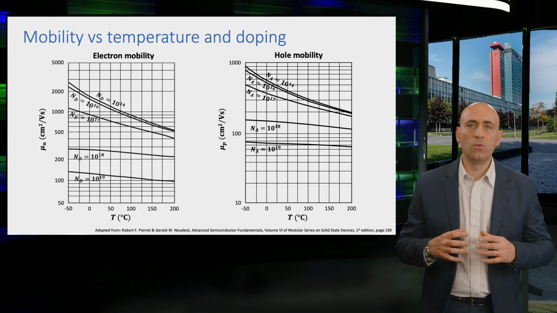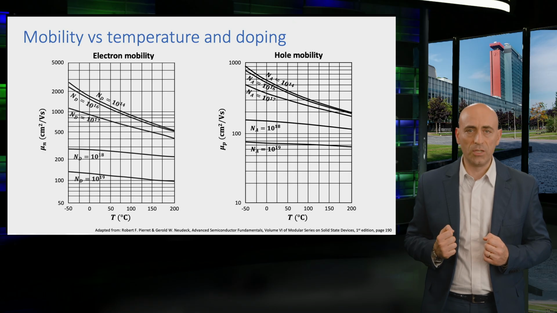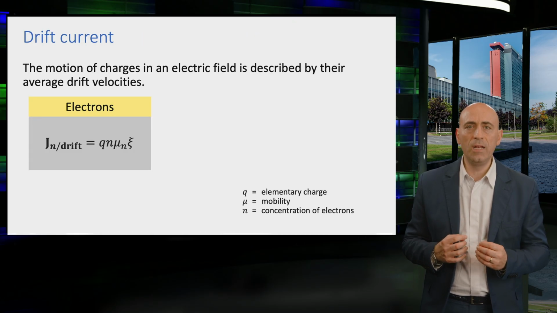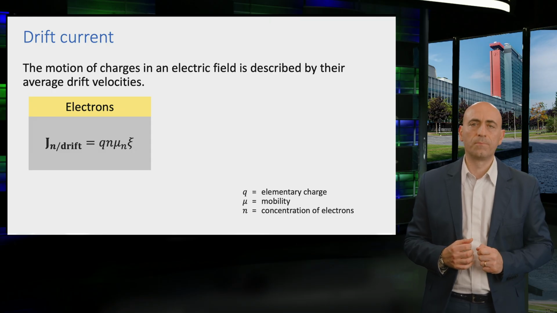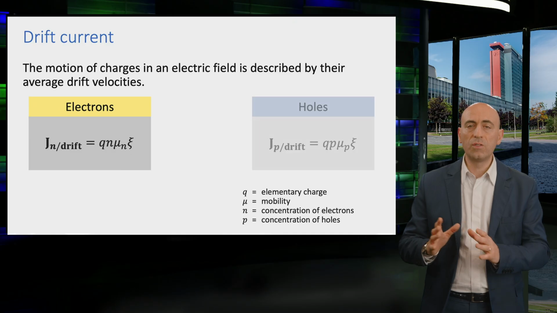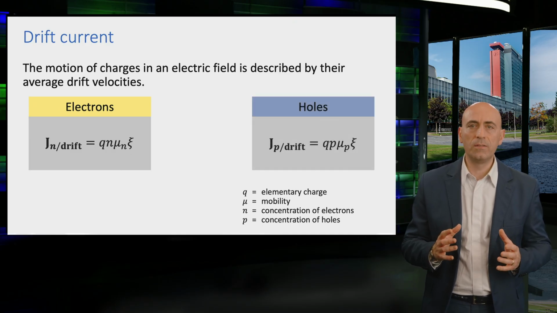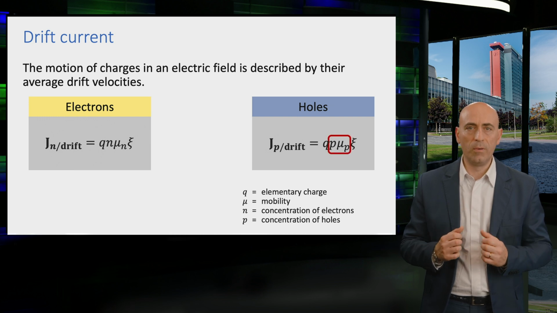Now that we have understood what mobility is and how it is influenced, let's go back to our drift equation. We see that the drift current of electrons depends on the mobility of electrons, electric field, and the concentration of charge carriers. The same equation holds for holes. The notable difference is that the hole current density depends on the concentration of holes and the hole mobility.